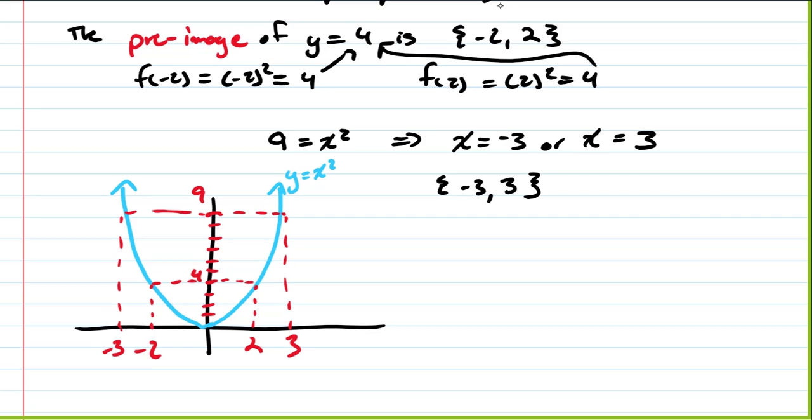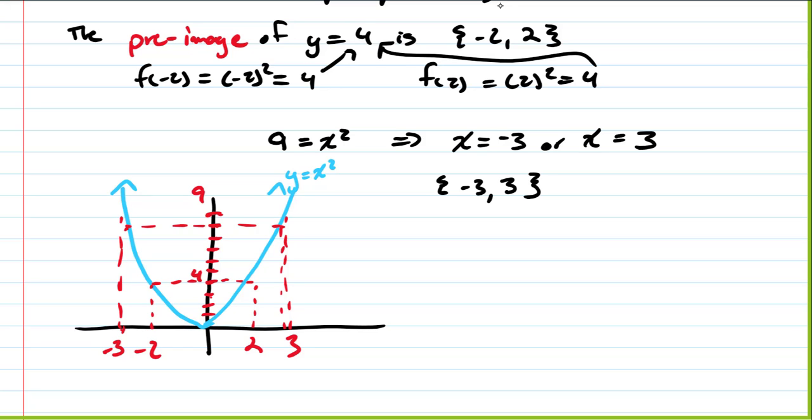Did I miscount? 1, 2, 3, 4, 5, 6, 7, 8, 9, 10. Yeah. Not to scale, though. Okay. So we have our 9 and our 4.